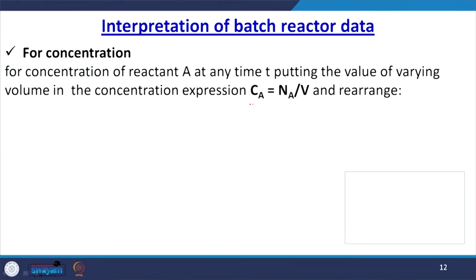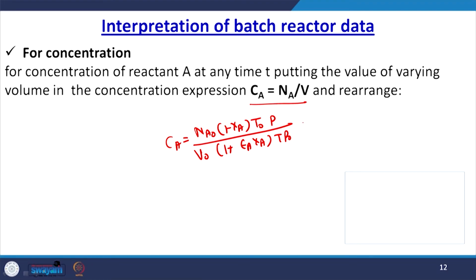Now, as far as concentration is in question, for the concentration of reactant A at any time, putting the values of varying volume in the concentration expression, CA is equal to NA upon V. So, this particular equation, CA can be represented as NA naught 1 minus XA, T naught P upon V naught 1 plus epsilon A XA, T P naught.